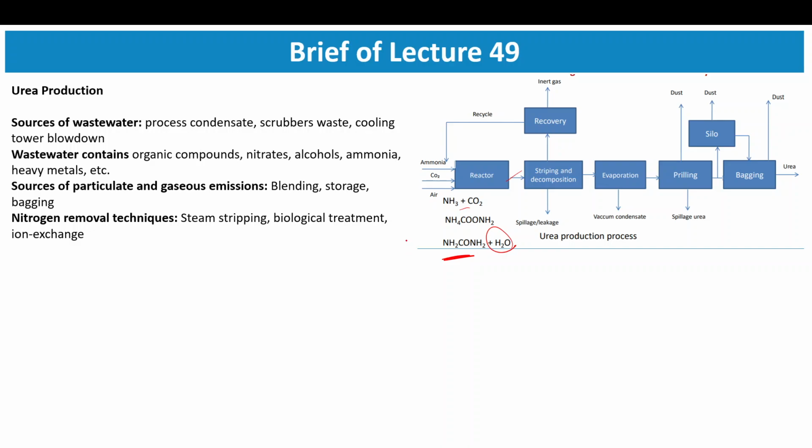If you look into the industry, the reactions are very complex, and you cannot say that only a single product is formed during the process. There could be multiple reactions taking place, which might generate other organic compounds, nitrates and alcohols, right? And ammonia could not be removed or recovered totally, which might end up in wastewater, right?